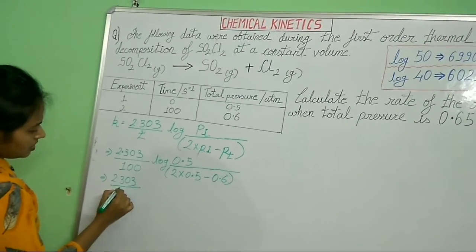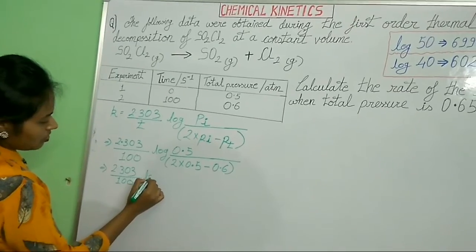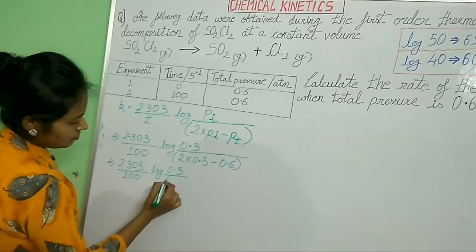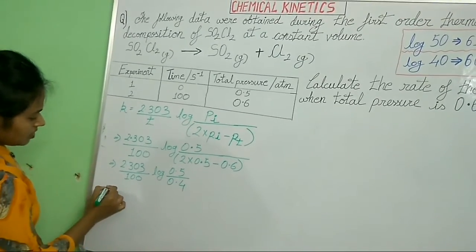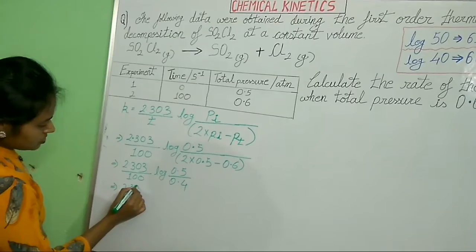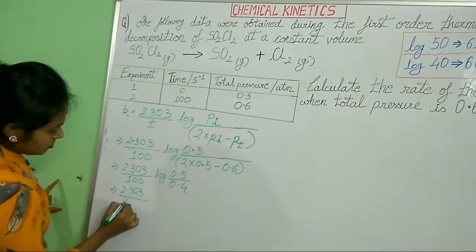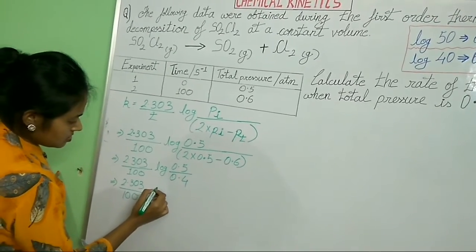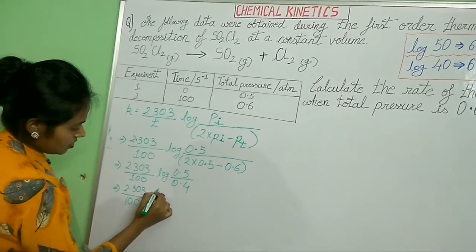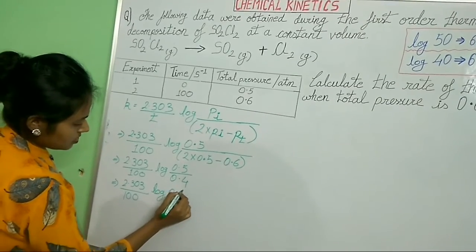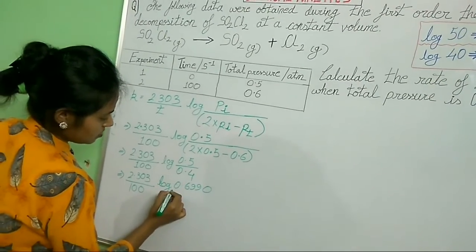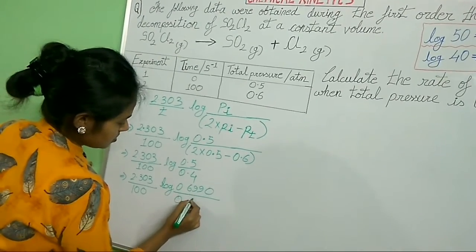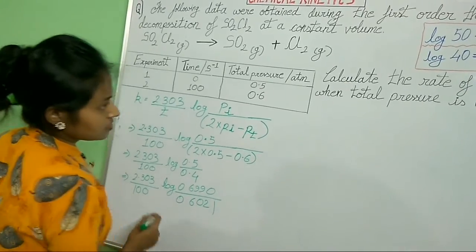Now, next, 2.303 divided by 100 log 0.5. If we calculate this, how much will it come? Log 0.4. Now, 2.303 by 100. What is log 50's value? It is given. It is into log 0.6990 divided by, what is log 40's value? 0.6021. Yes.